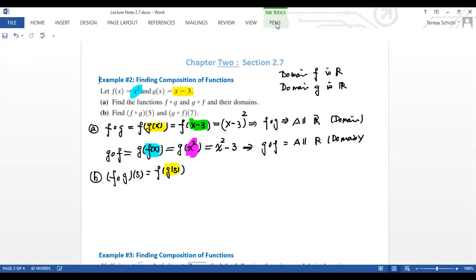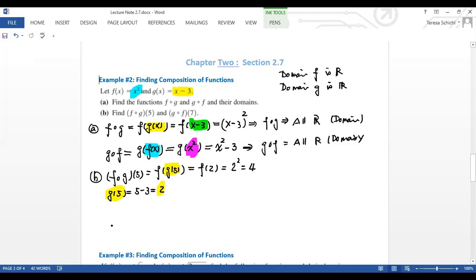So what is G of pi? G of pi means pi minus 3, which equals 2, right? So G of pi is equal to 2. So this is equal to f of 2. Now for f of 2, you plug back into the f function. So it's 2 squared. So what is the answer? The answer is 4.